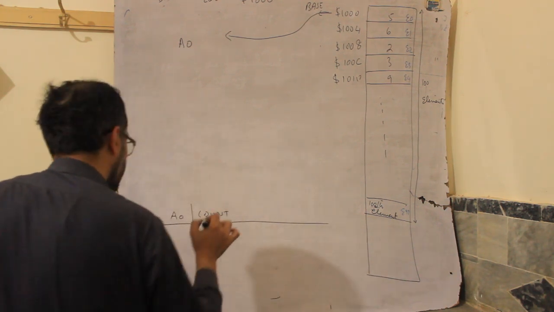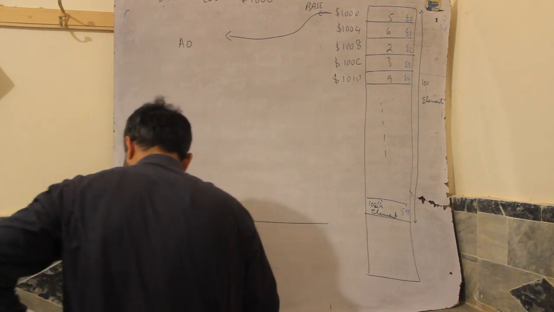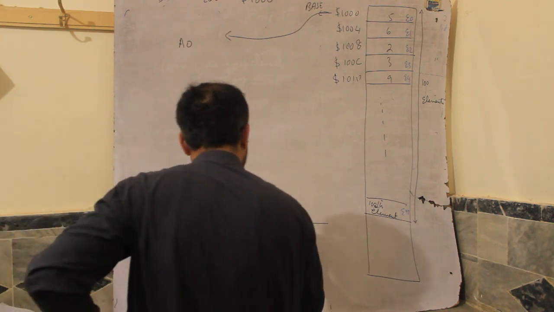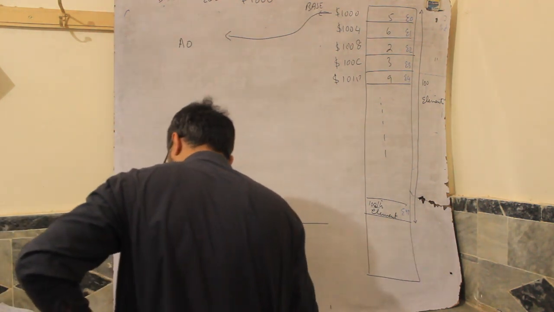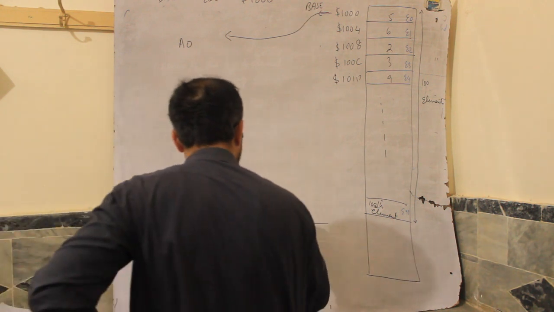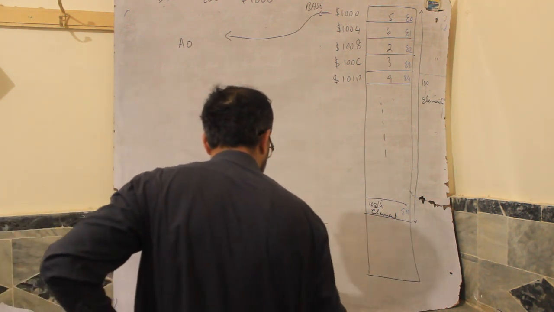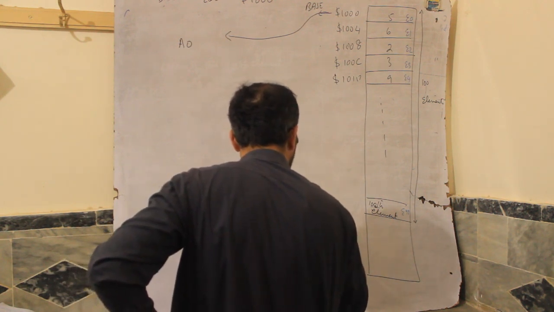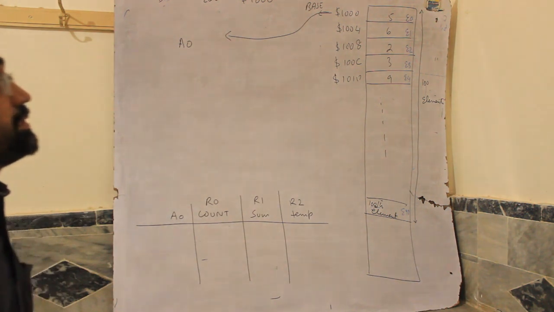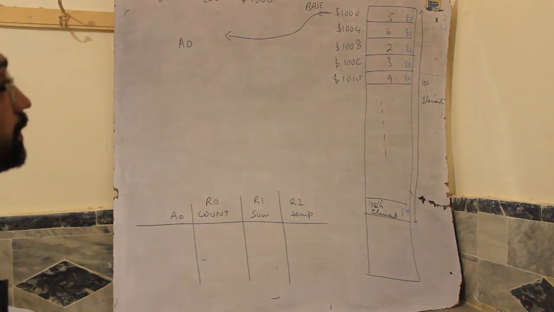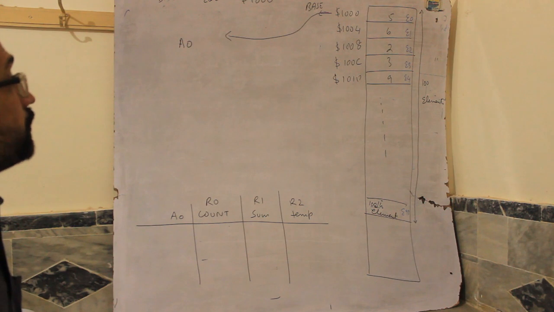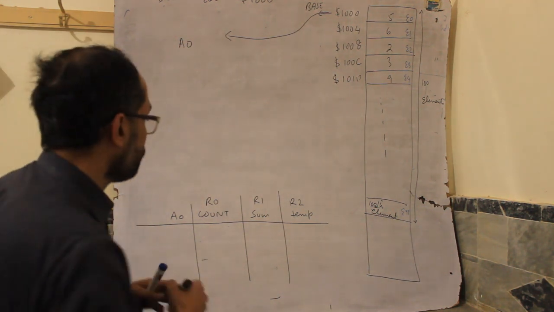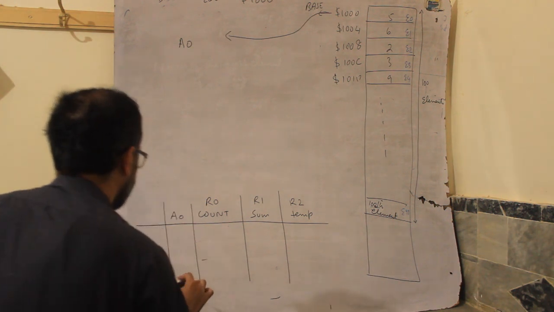We can store this count into register R0, and then we can store the temporary value in register R1, or we can also use another register. If we write a C++ program for this, we can have different iterations of the program.